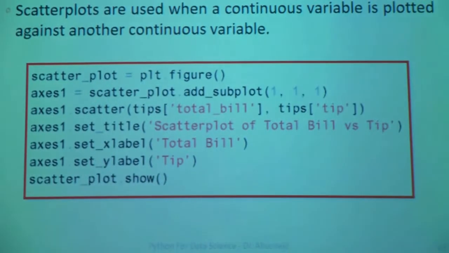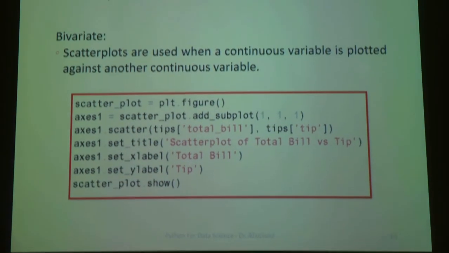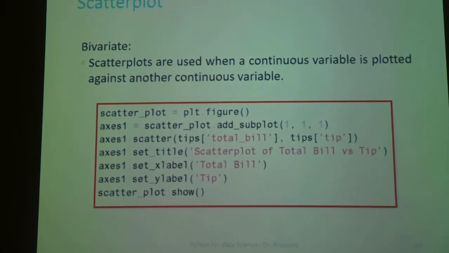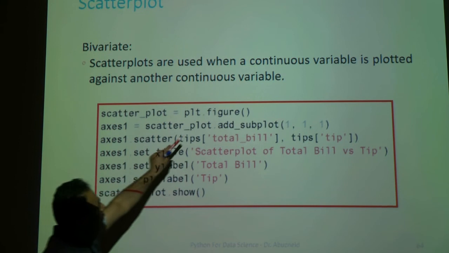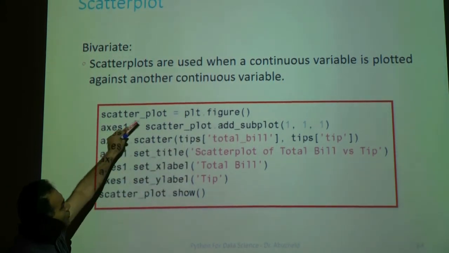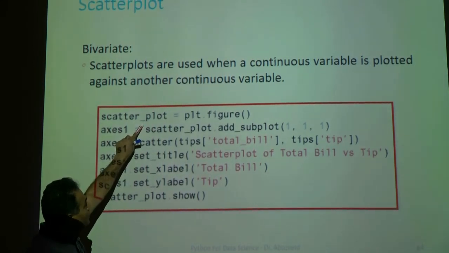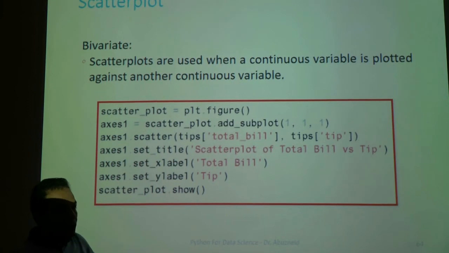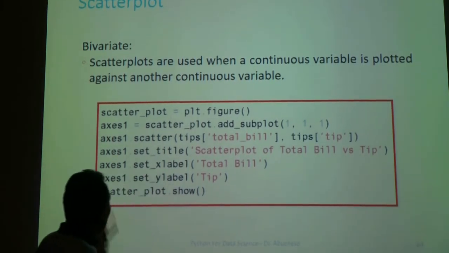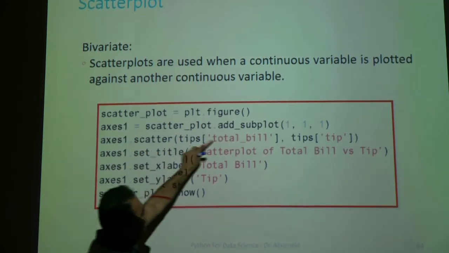Okay, so scatter plot in here, for example. Scatter plots are used when a continuous variable is plotted. So for example, in here I'm creating a figure. This is scatter underscore plot. What is this? A figure object. All right. So in the figure object, what do I have to create? Subplot axis, yes, axis 1. Scatter plot, which is the figure dot add a subplot.